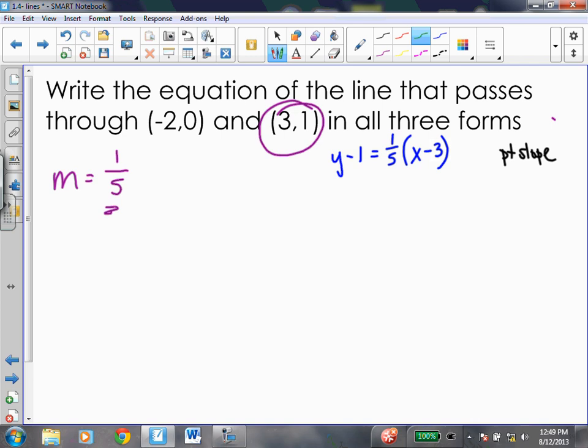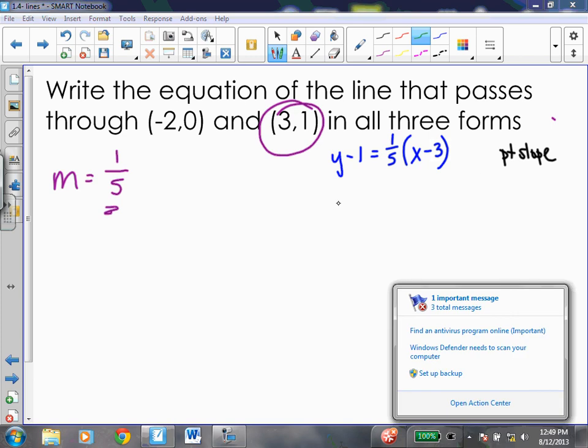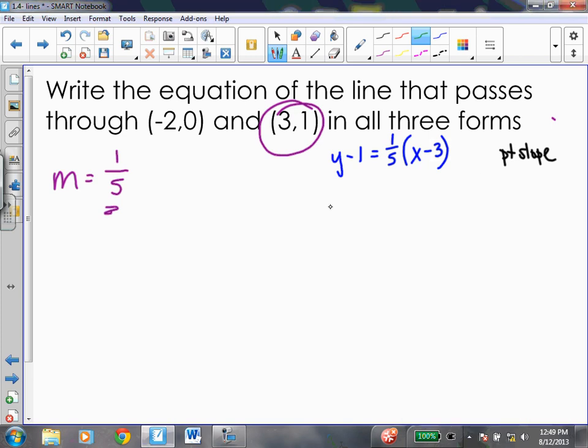To express this in slope-intercept form, I could go through and find the y-intercept, or I can simply solve this point-slope form for y. So the first thing I'll do is distribute the 1/5. So I still have the y minus 1, and then 1/5 x minus 3/5. Now I'll add the 1 to both sides.